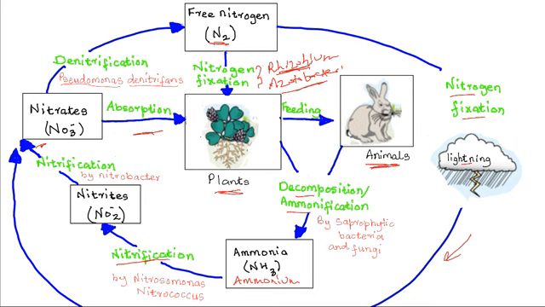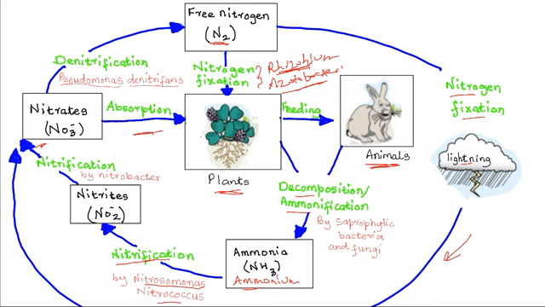Nitrification is a process by which the ammonium compounds are converted into nitrates by nitrifying bacteria. This conversion occurs in two steps. The first step involves the conversion of ammonium compounds into nitrites, and this is carried out by bacteria known as Nitrosomonas and Nitrococcus.